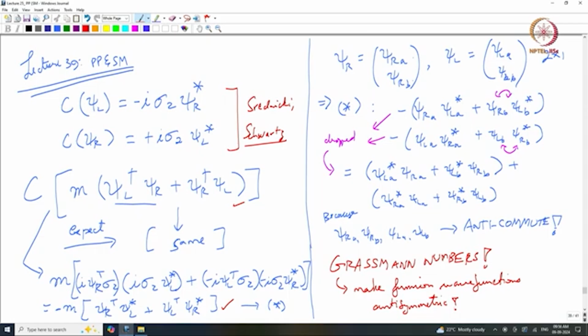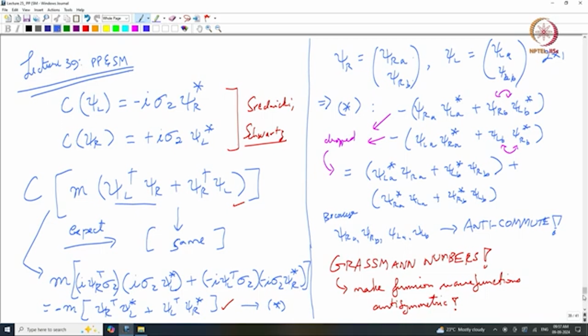So, you should go and convince yourself of this fact that you need to have the degrees of freedom that you put down in spinors be Grassmann numbers, in order to actually, when you use them as wave functions, when you use these fields, they have to anti-commute. So that is a very important and very strange trait of spinors.